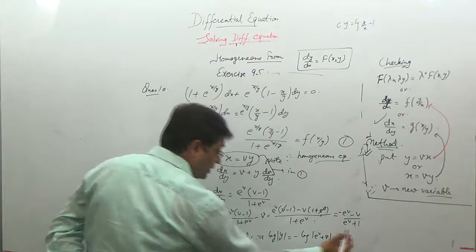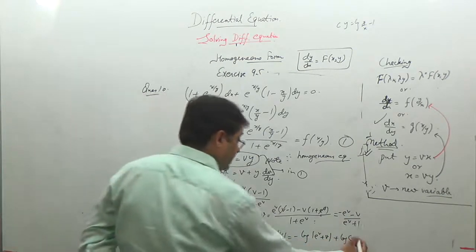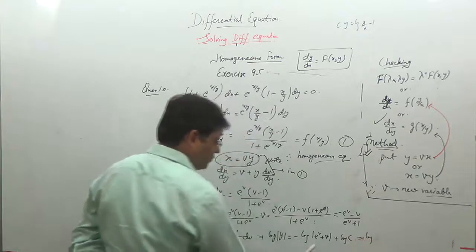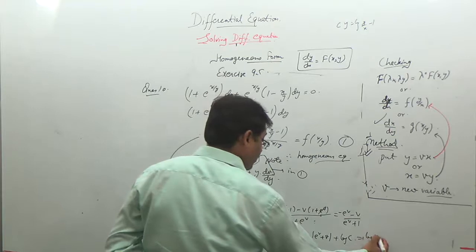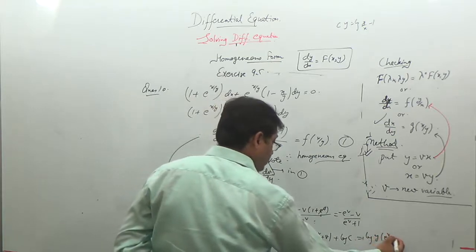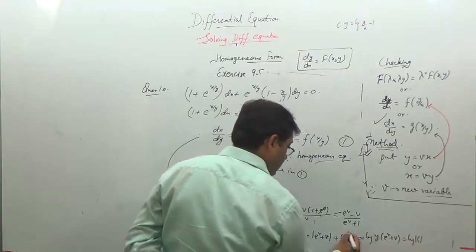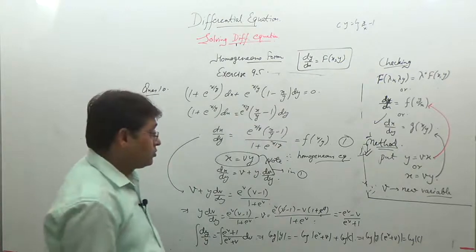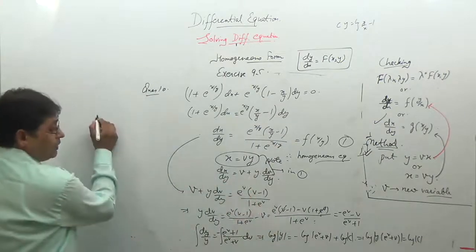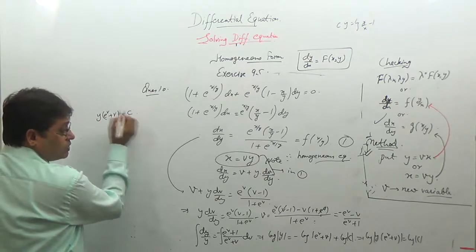Constant c can be written as log of c also, right? So you will get log of, this will be taken in the left hand side. So you will get log of y into e raised to power v plus v is equal to log of c. C can be taken in mod, right? So further the answer will be y into e raised to power v plus v is equal to c.